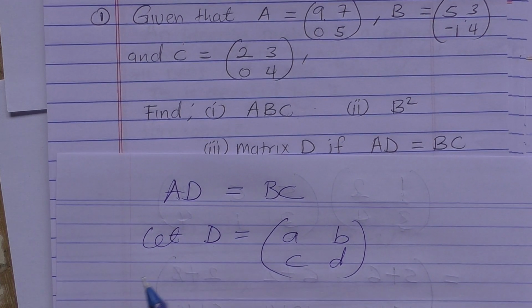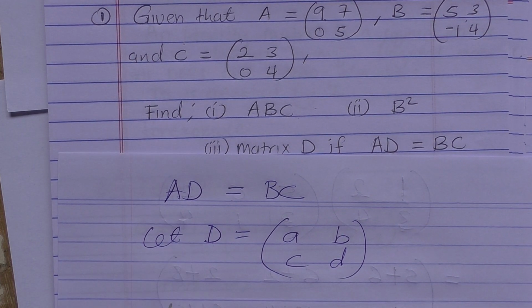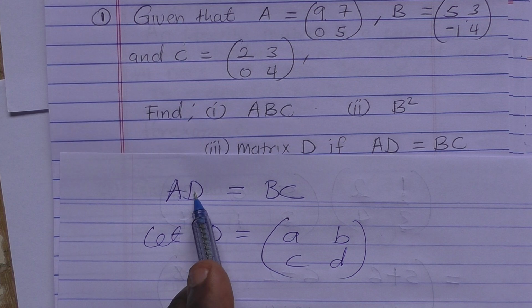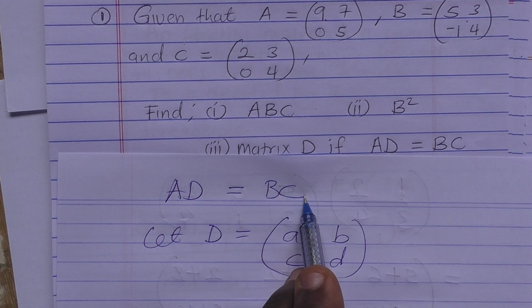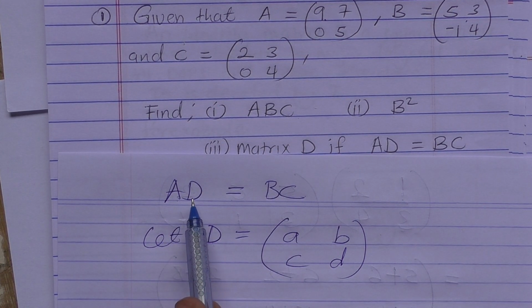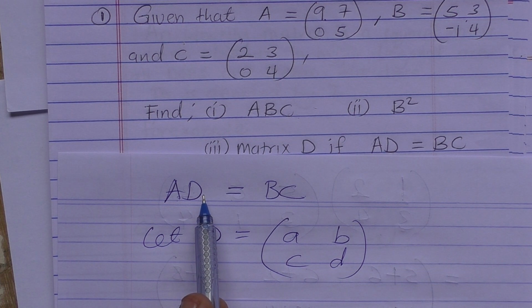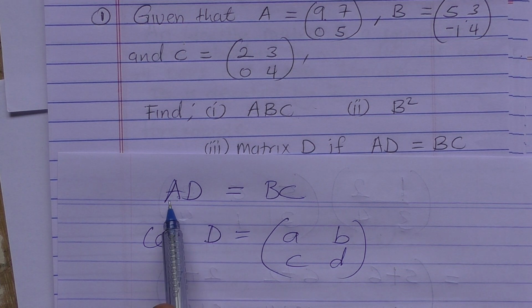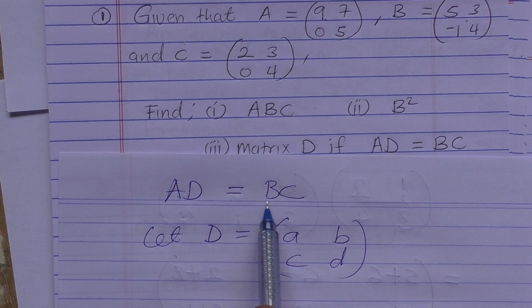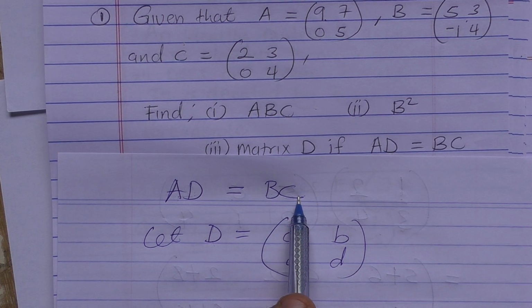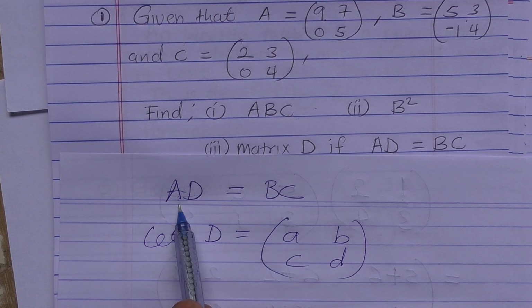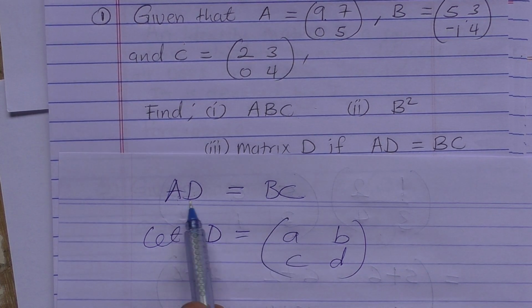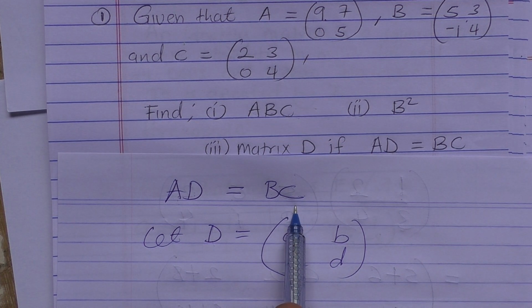And now, after, we shall substitute for A, D, B, and C. Remember in our first lesson of matrices, we looked at the types of matrices. We looked at the equal matrices. So meaning that matrix AD equals matrix BC. And now we shall equate these elements according to their positions.